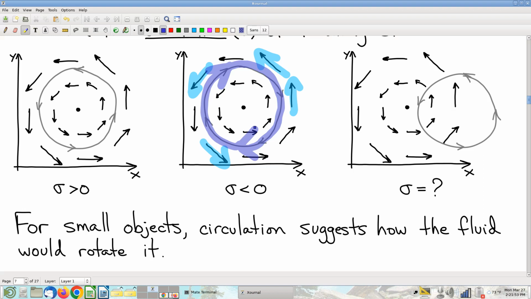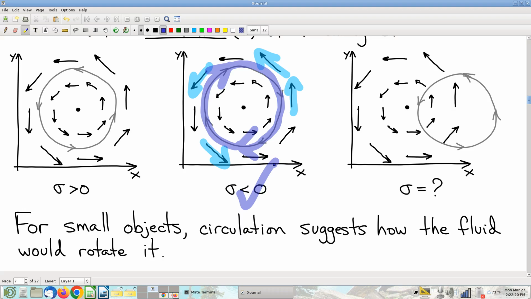Look at the whirlpool. It's the same whirlpool. Just because I phrased the question backwards doesn't change the fact that the whirlpool is still going around counterclockwise. So another way to say it is, to what extent is the leaf going to be rotating clockwise? Well, a negative amount clockwise, because it's going counterclockwise. Right? So this is what it would look like for circulation to be negative.